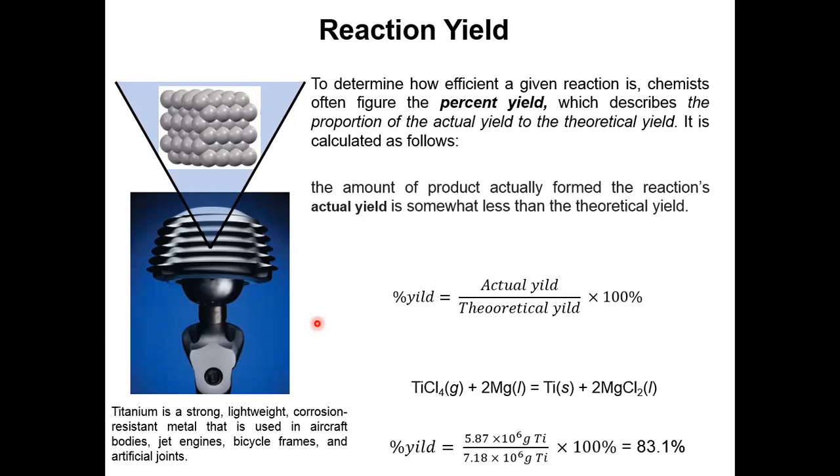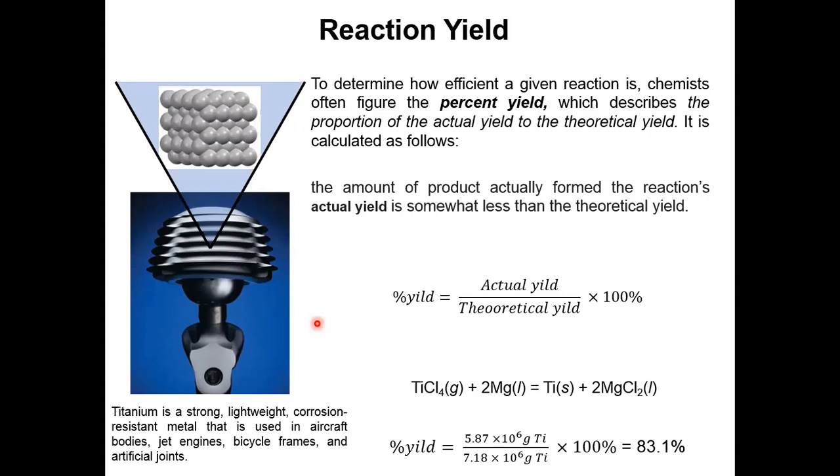Say you are a producer of titanium, you don't want to lose a lot of titanium, because basically you are losing money, right? And you need to consider the outcome of your production to know how successful you are.